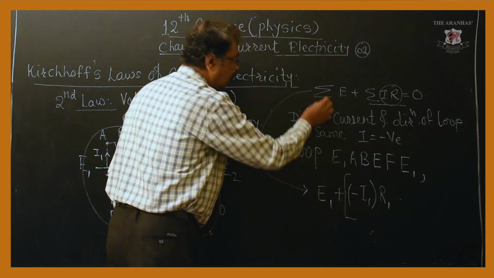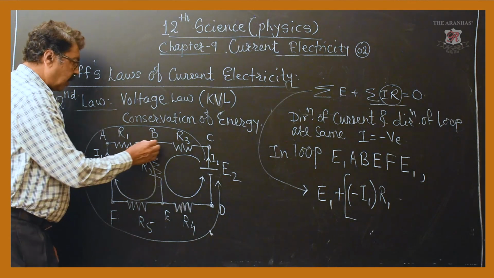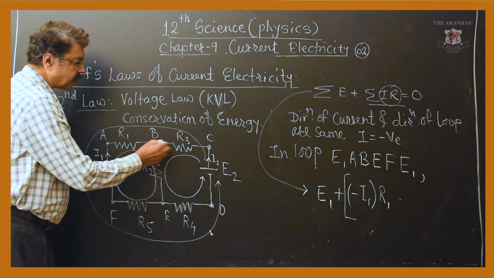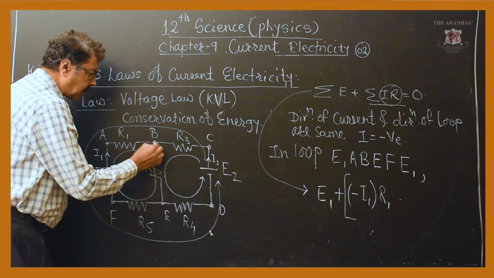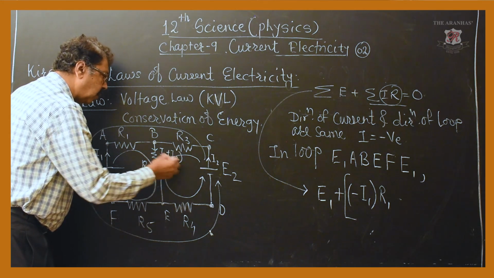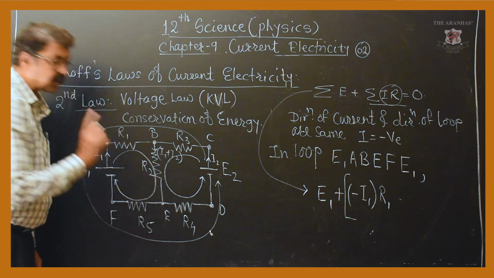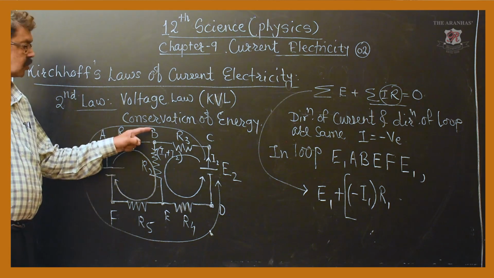This is what I am talking about. The current I1 comes here. Current I2 comes from this side. Both the currents together flow through the resistance R2. What is the direction of the current that we are assuming?